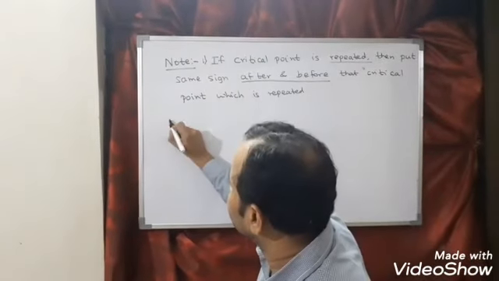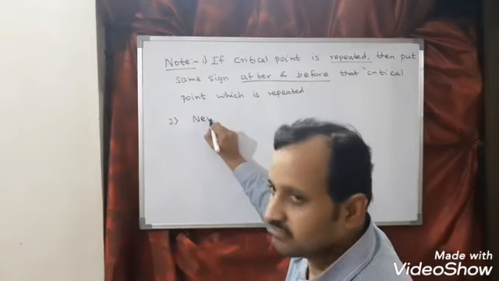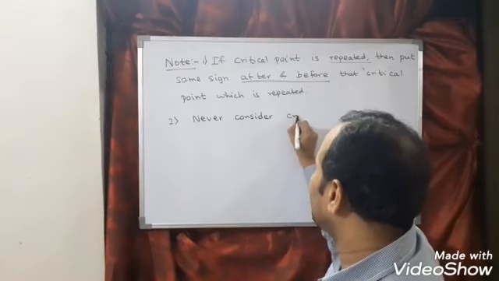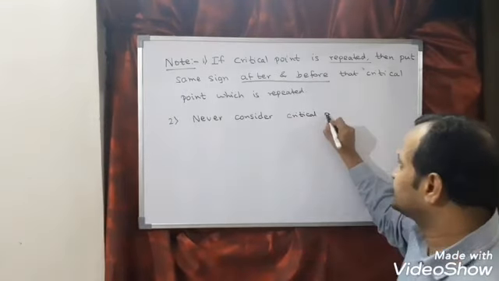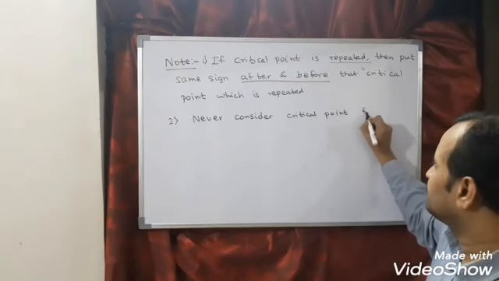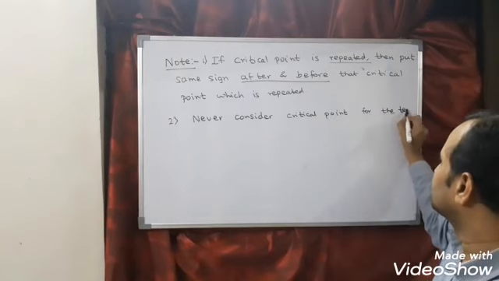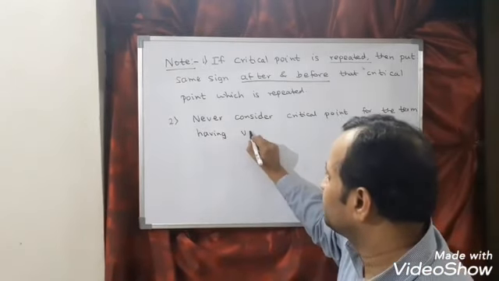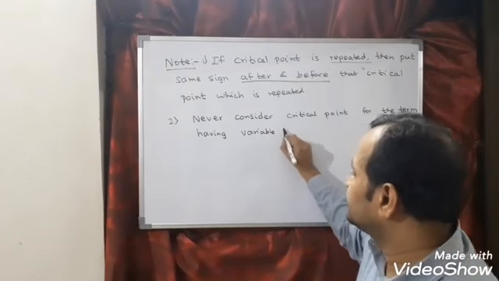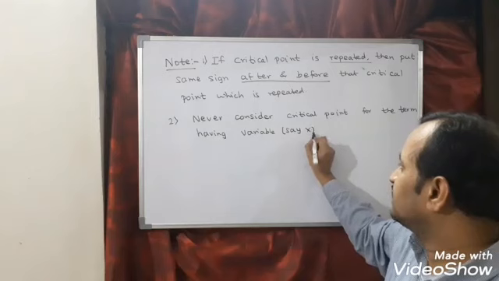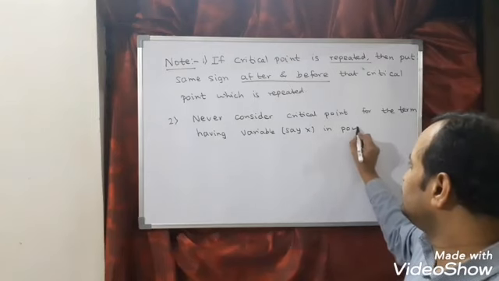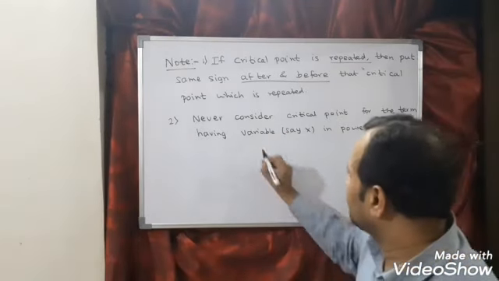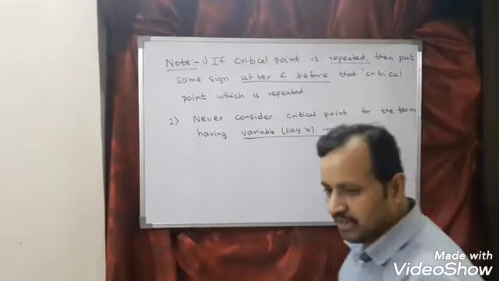And one more note is there: never consider a critical point for the term having a variable, say x, in the power. So never consider a critical point for the term having a variable in power.